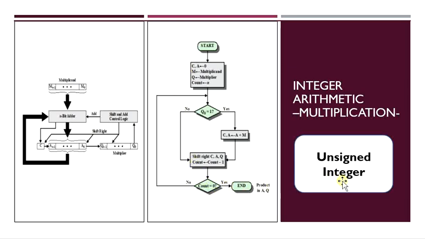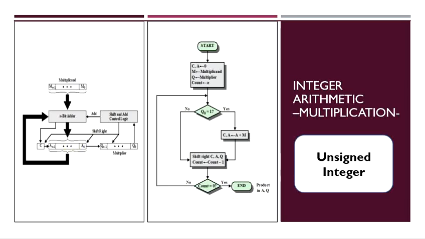But I'm not going to elaborate more on this because we are going to focus only on the two's complement, positive and negative numbers. This is for your knowledge only, the unsigned integer. This is the hardware diagram, and this is the flow chart of how to conduct the multiplication for the unsigned integer only.